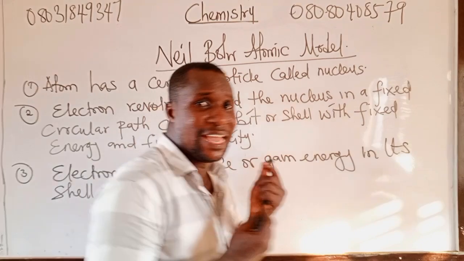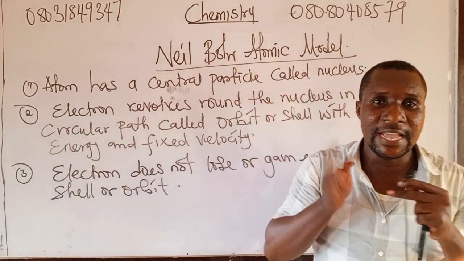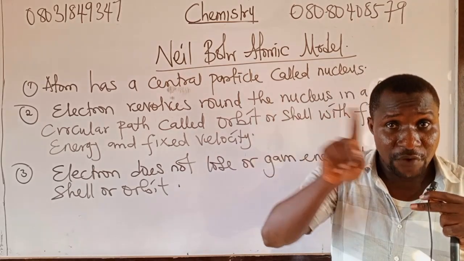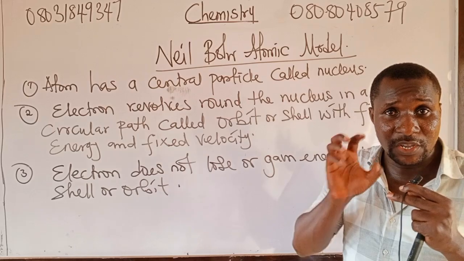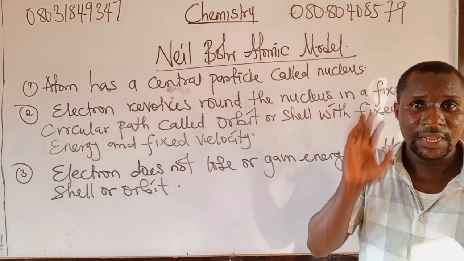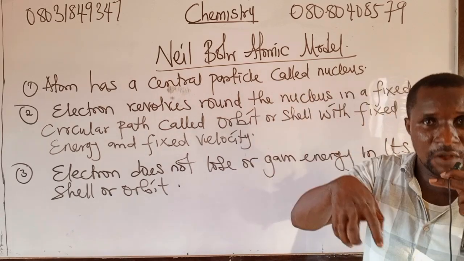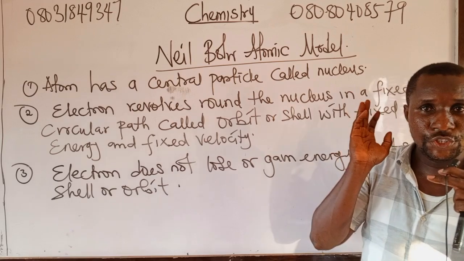That means when electron is revolving in its own orbit, it does not lose or gain energy. When you have electron in its shell, it does not lose or gain energy.